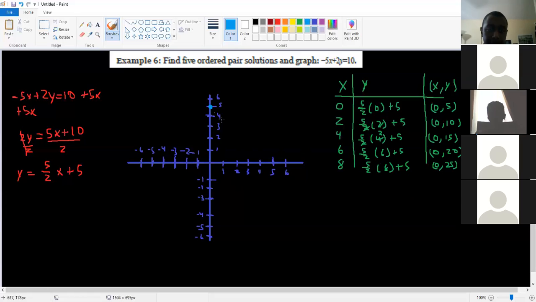This is 0, 5. Okay. What I'm gonna do here is change these intervals. 5 and 15, 20, 25, 30.